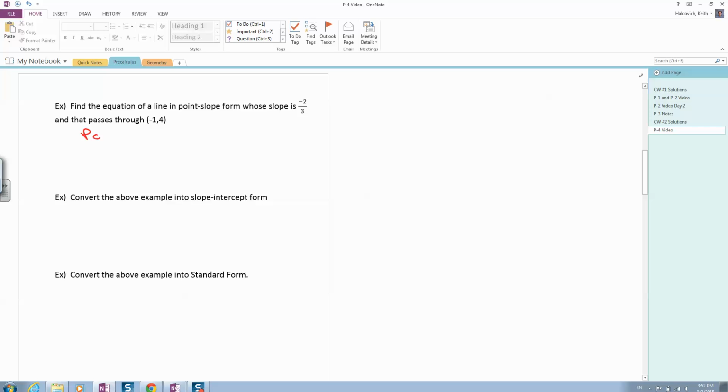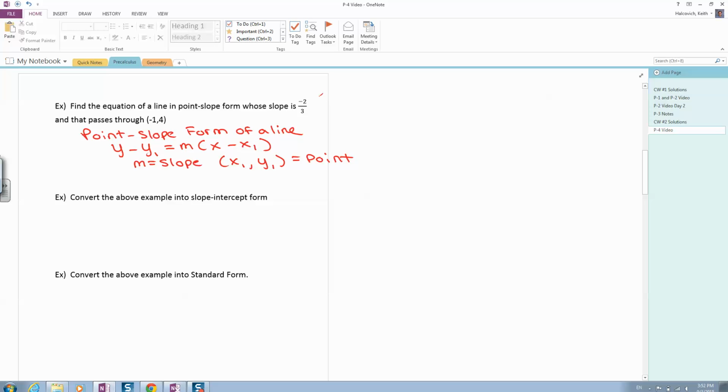Remember, point slope form of a line is where you have y minus y1 equals m times x minus x1, where m is the slope and (x1, y1) is the point on the line.